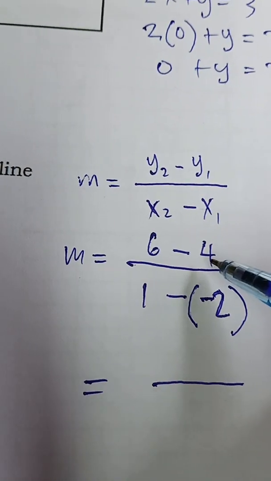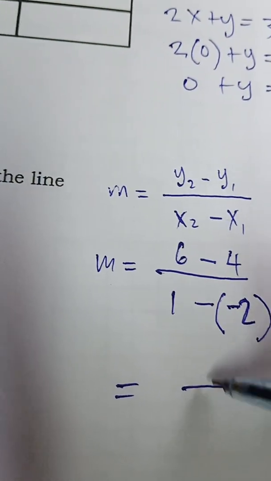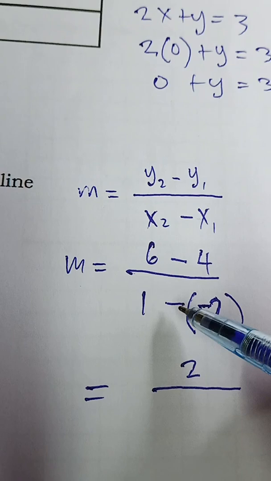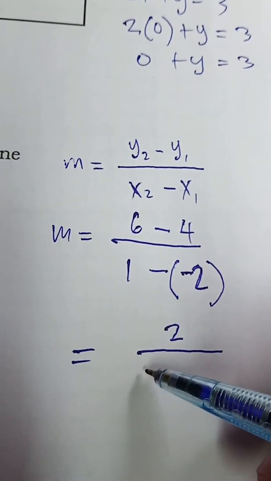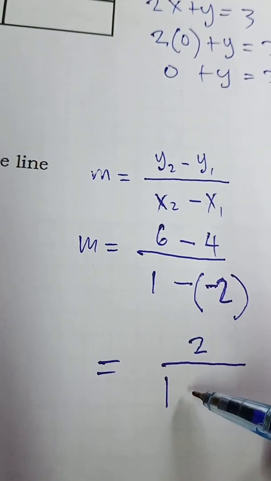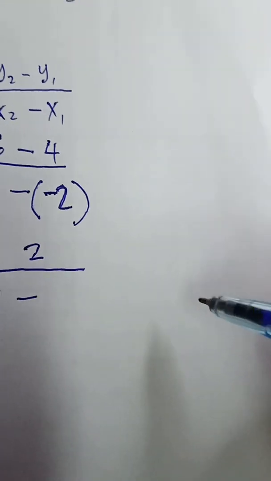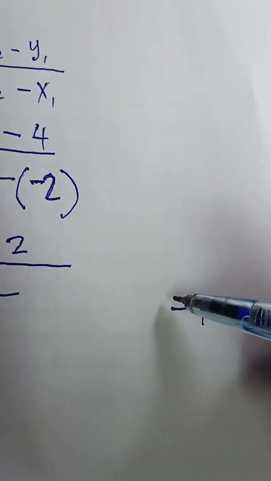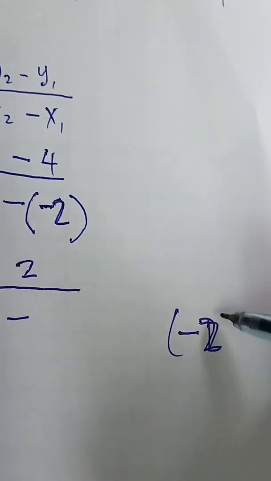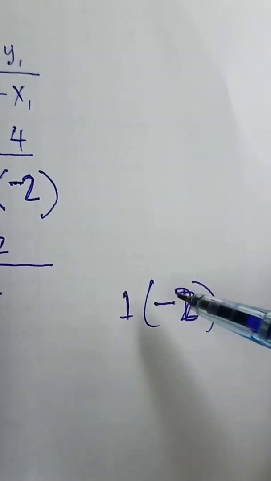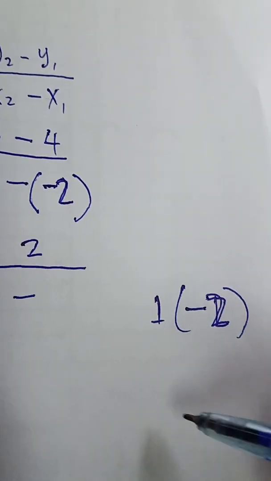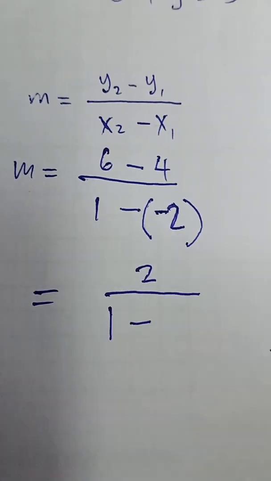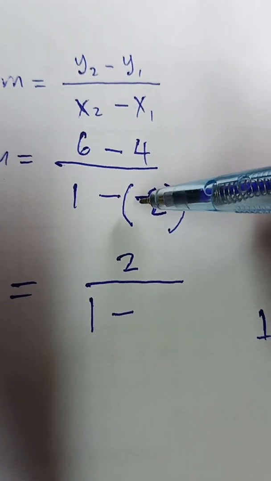Okay, next step is to simplify. So 6 minus 4 in the numerator is positive 2. In the denominator, 1 minus negative 2. Okay, let us simplify 1 minus negative 2. So again, all numbers and all variables have a factor of 1, positive 1. So when you multiply that, you get negative 2 according to the rule of signs. I did that, class, to remove the parentheses.